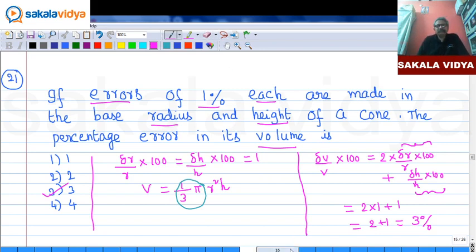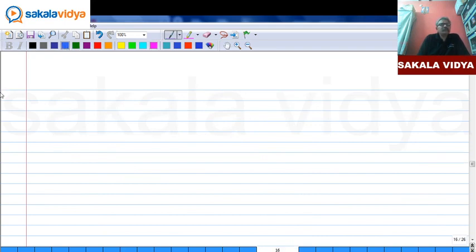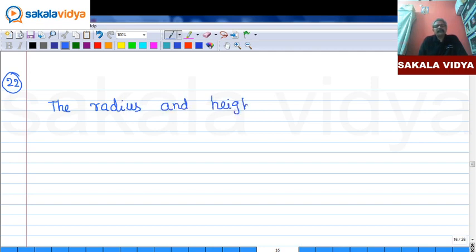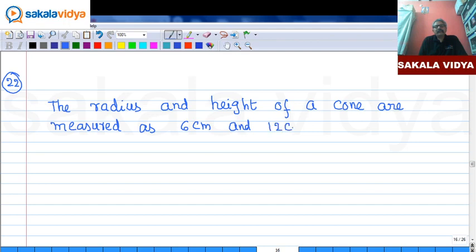Next problem. So 22nd question. The radius and height of a cone are measured as 6 centimeters and 12 centimeters respectively.